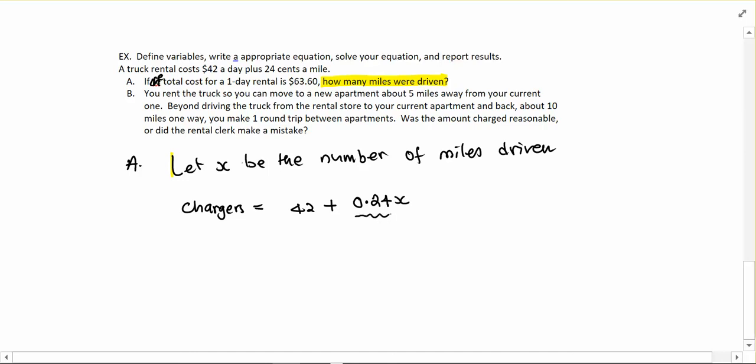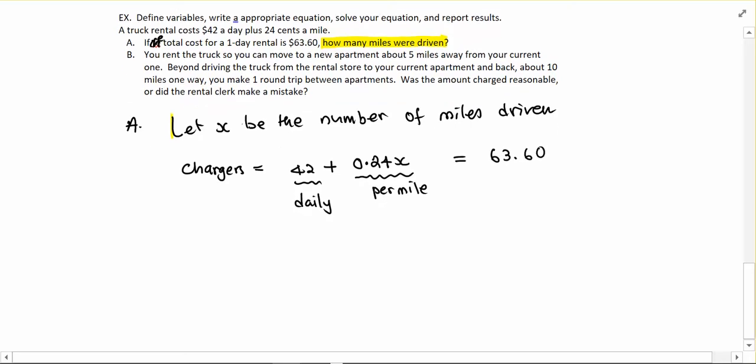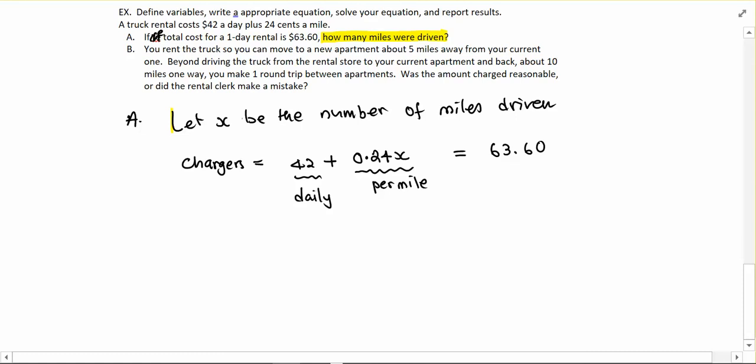So this is my charge per mile. This is my daily charge. And it turns out that I end up paying, when I return the truck, 60. So now I have a little equation. So let's subtract 42. So 0.24x is equal to 60 minus 42.